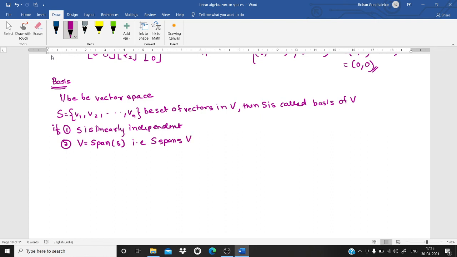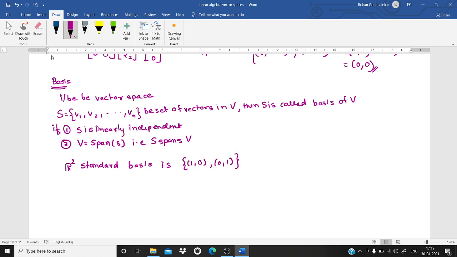That means we must be able to write each and every vector of V as a linear combination of elements of S. Then we say that S spans the vector space V. So if these two conditions are satisfied, one is that S is linearly independent and S spans the vector space V, then we say S is the basis of V. So for R2, the standard basis is 1 comma 0, 0 comma 1.